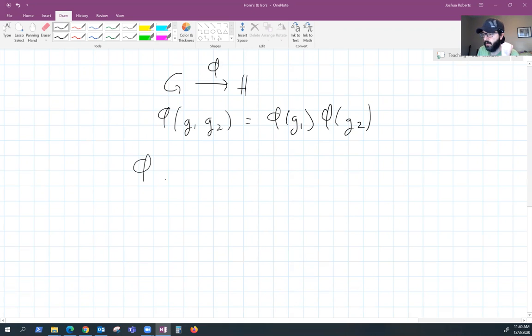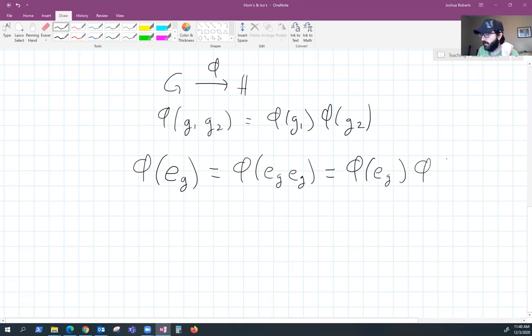For example, if I take phi of the identity element in G, well, that's phi of the identity in G times the identity in G, and then apply the homomorphism property. That's phi of the identity in G times phi of the identity in G.